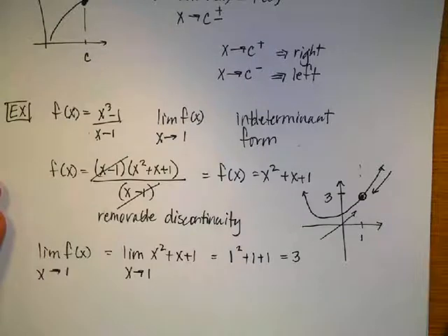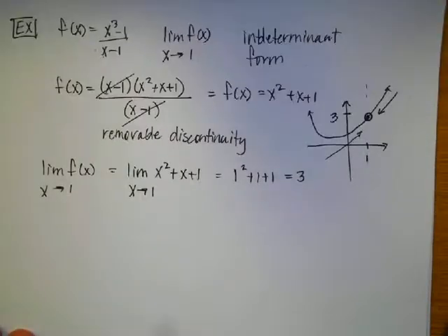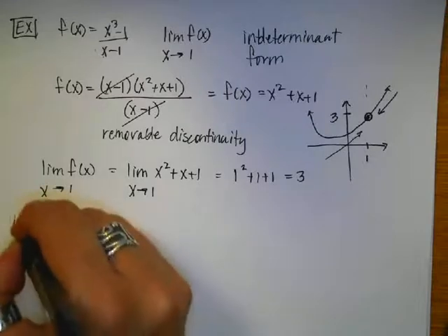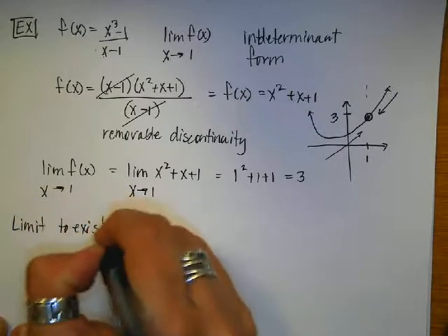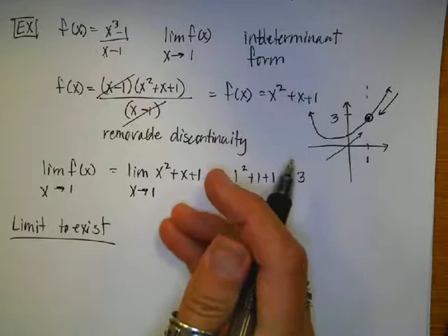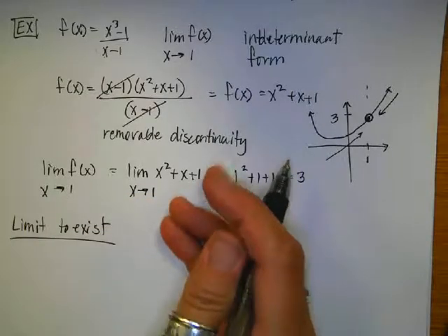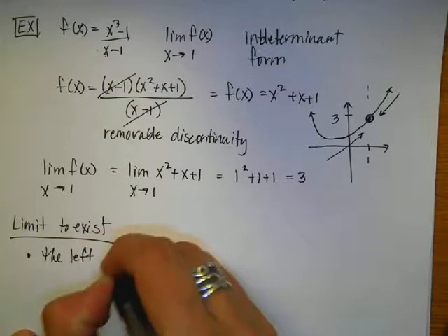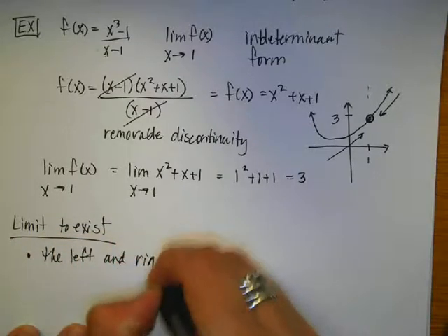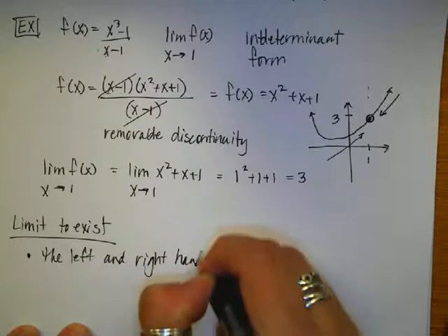Alright, so let's go back and remember some details for a limit to exist. So for a limit to exist, and let me turn my phone off so I don't get any more surprises. Remember that the left and right hand limits must agree.